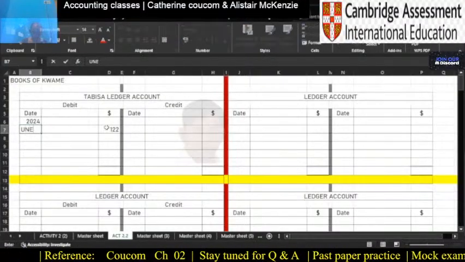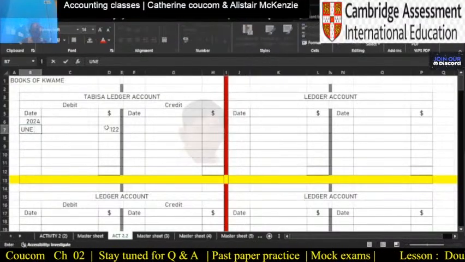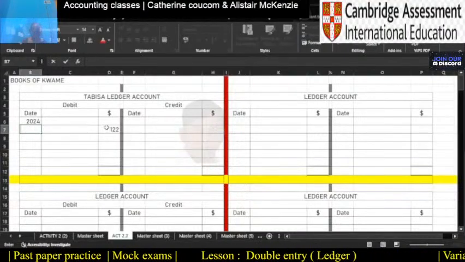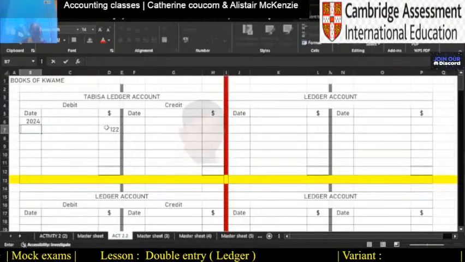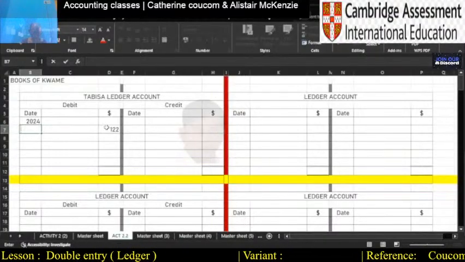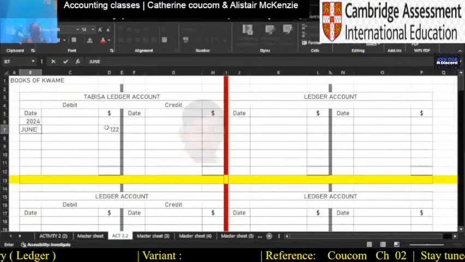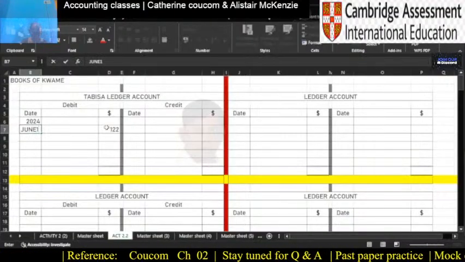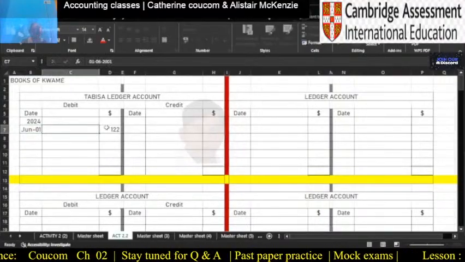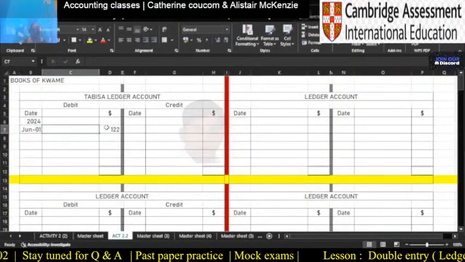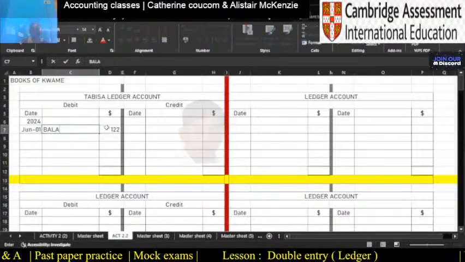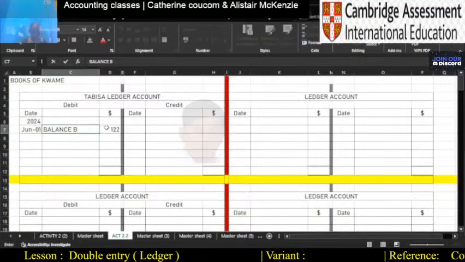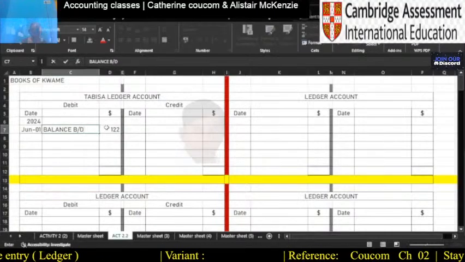June, June 1st. Balance brought down 122.